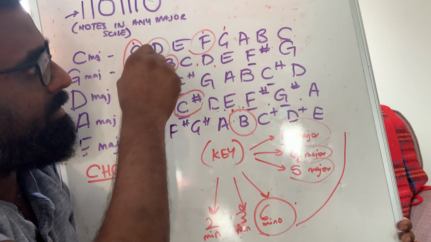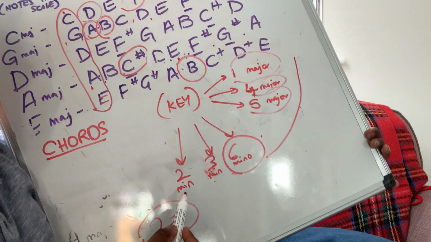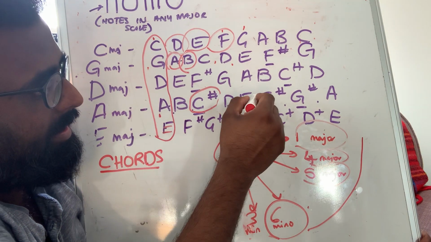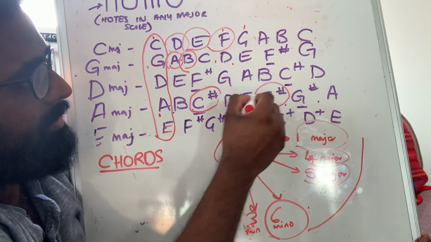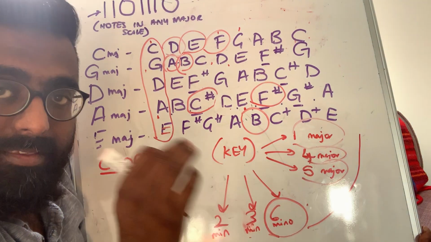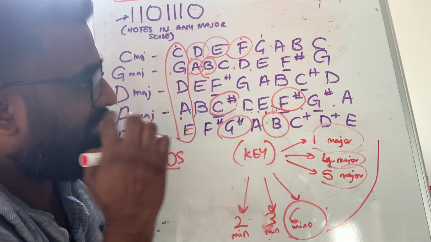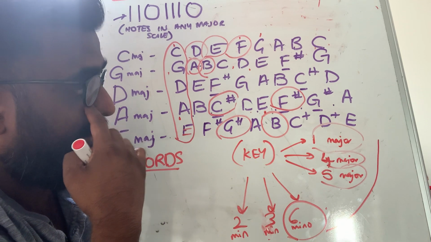D minor. That's number 2 position. So number 2 position will be minor. Okay, E minor and F sharp minor. So basically, you need to know 14 chords and G sharp minor as well. Sorry, yeah, G sharp minor.